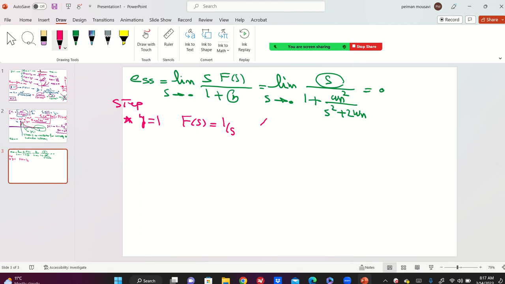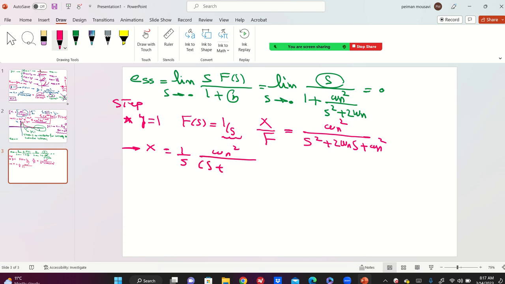Again, x over f is omega n squared over s squared plus 2 omega n s plus omega n squared. So you get x equals 1 over s times omega n squared over (s plus omega n) squared, because you have two repeated real poles for a critically damped system.